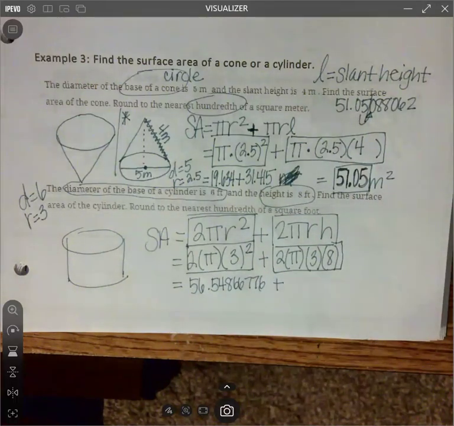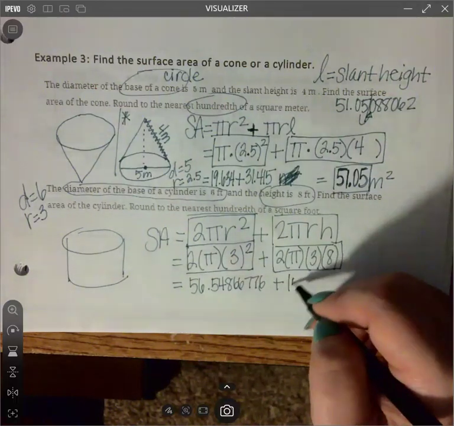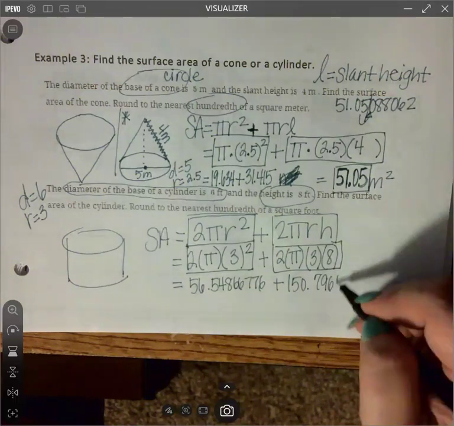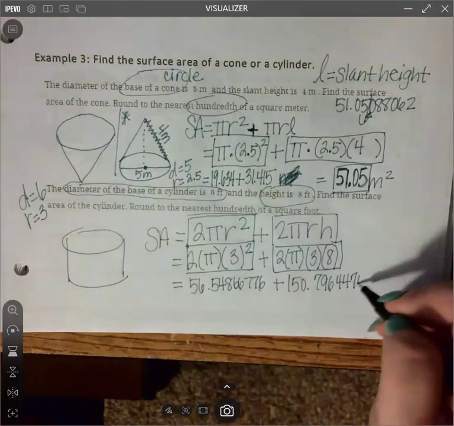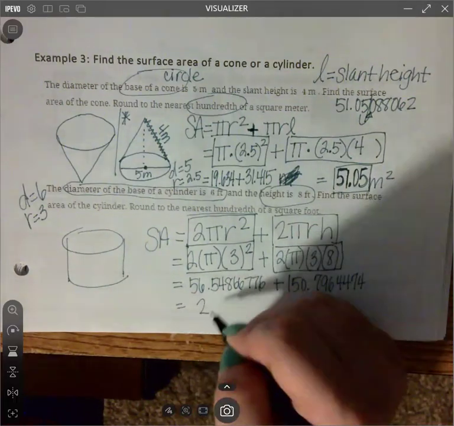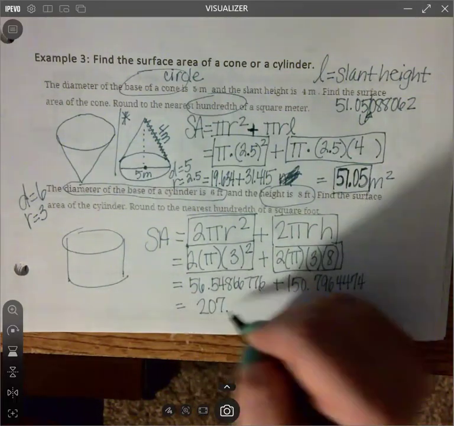Then the right side, 2 times pi times 3 times 8, 150.7964474. Again, when I get ready to add, I want to add the exact values, all of those decimal places. I only want to round my answer once at the very end.